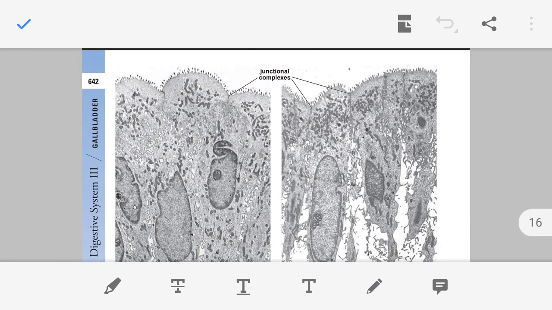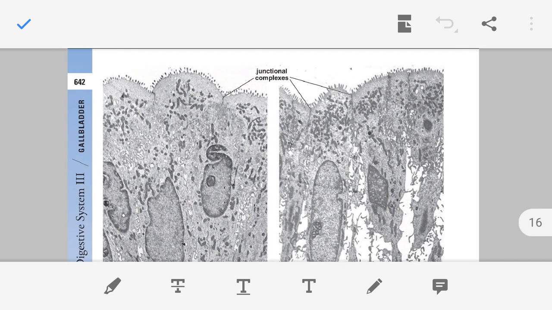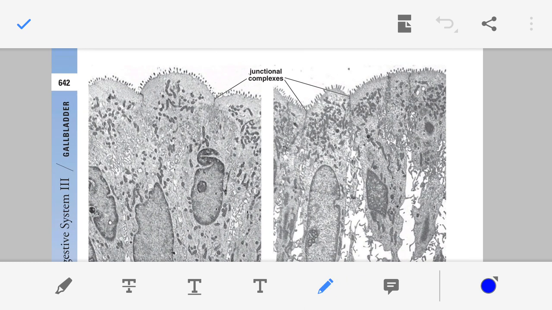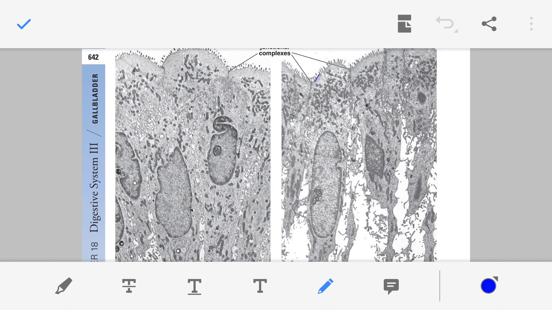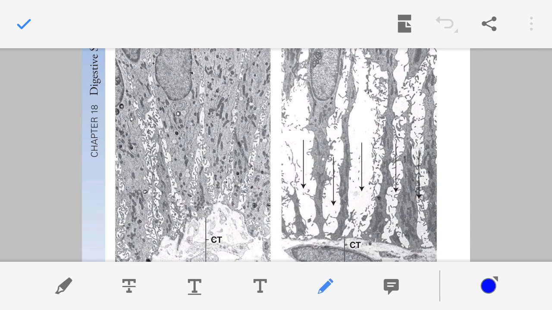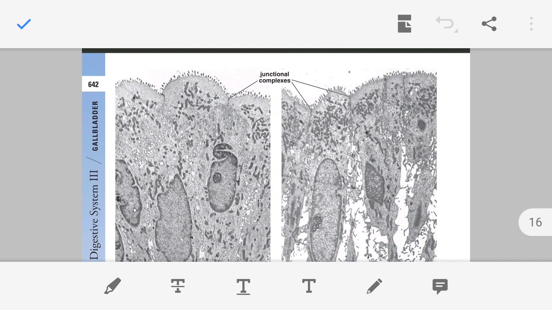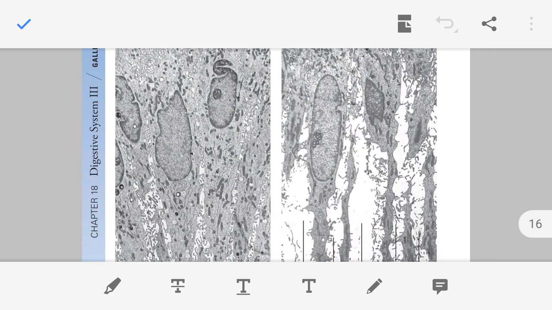What is the mechanism? These are the simple columnar epithelial cells. For example, a very large cell, this one, because they are columnar. This is one cell, and you see how long it is. Here the cell is ending. This is one cell. This is the neighboring cell, the second one. It is also very large.